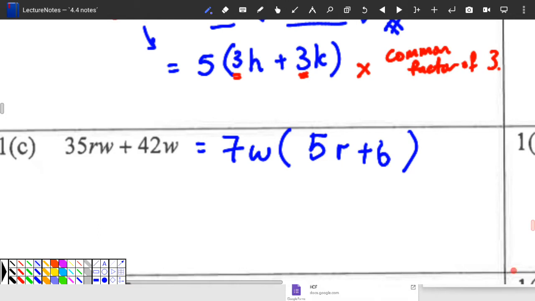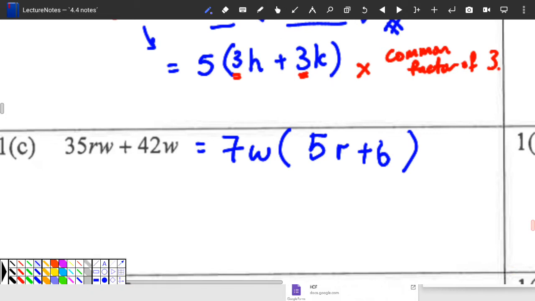Is there a W? Look at this, 42W. If W times W, it will give you what? W to the power of 2. Since there's only one W here, do I still need to put a W here? No need.